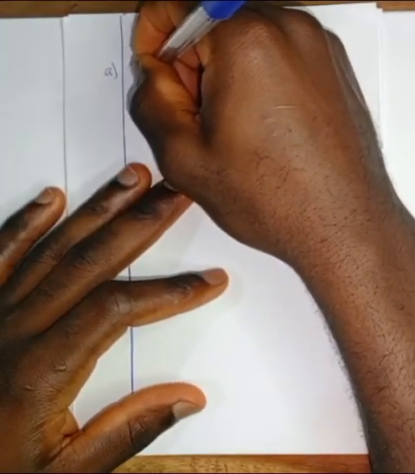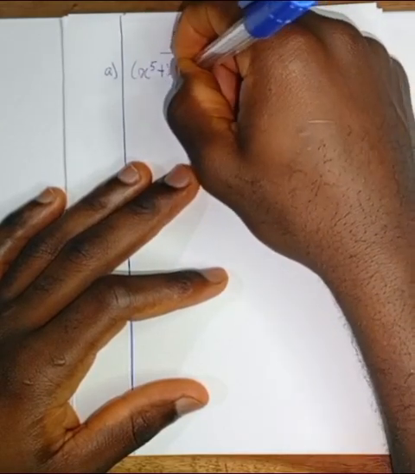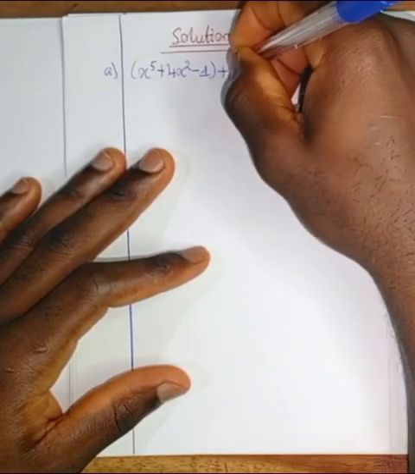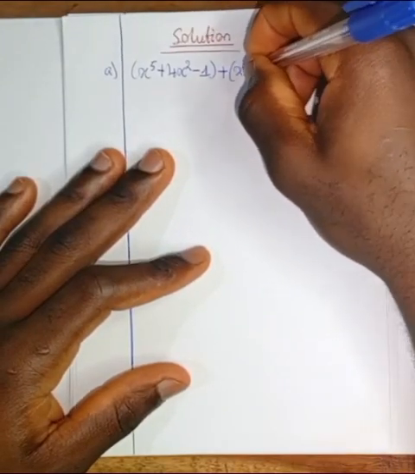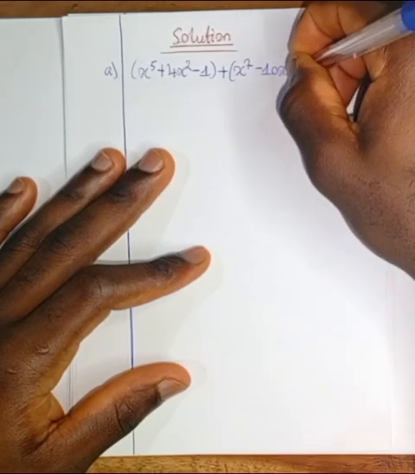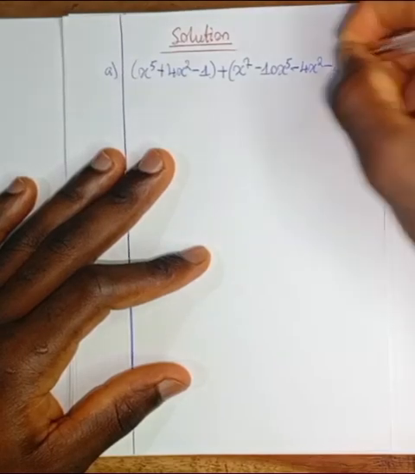We have x to the power 5 plus 4x squared minus 1, plus x raised to the power 7 minus 10x to the power 5 minus 4x squared minus 12.